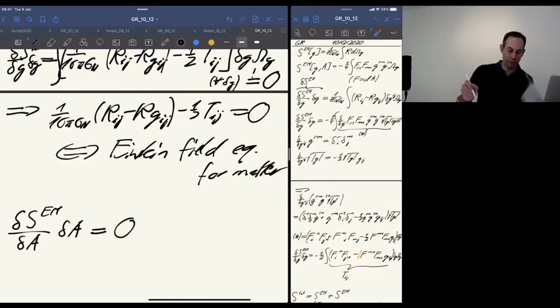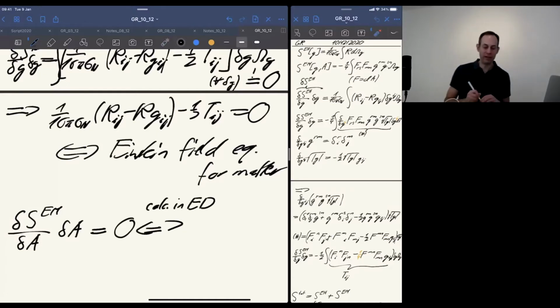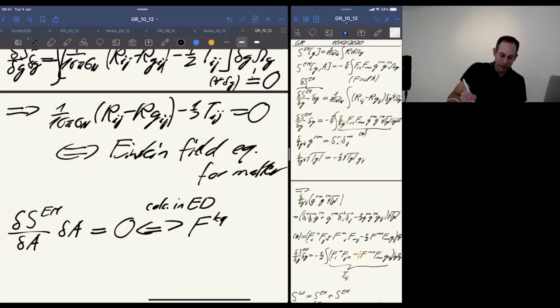Before, I took the derivative with respect to g, and what we get now, and this is a calculation in electrodynamics, I will not do it here, but you probably have done it in electrodynamics because you take just a derivative with respect to A and not g. So g has a kind of passive role. And what you get is an expression which looks like this.